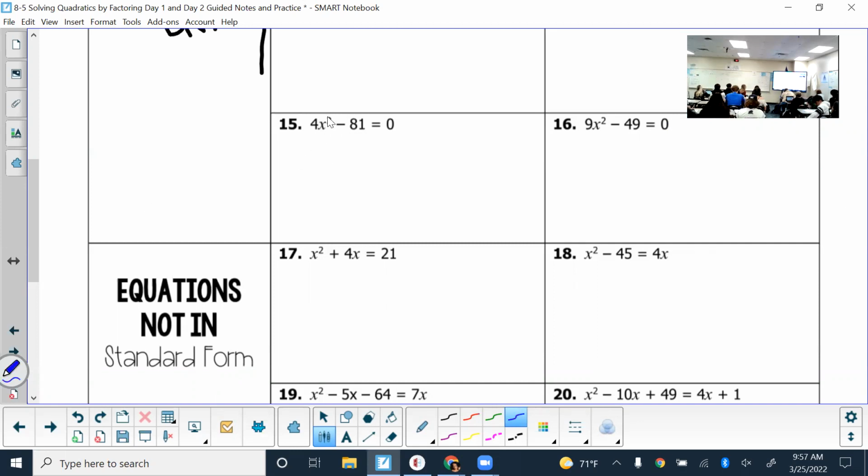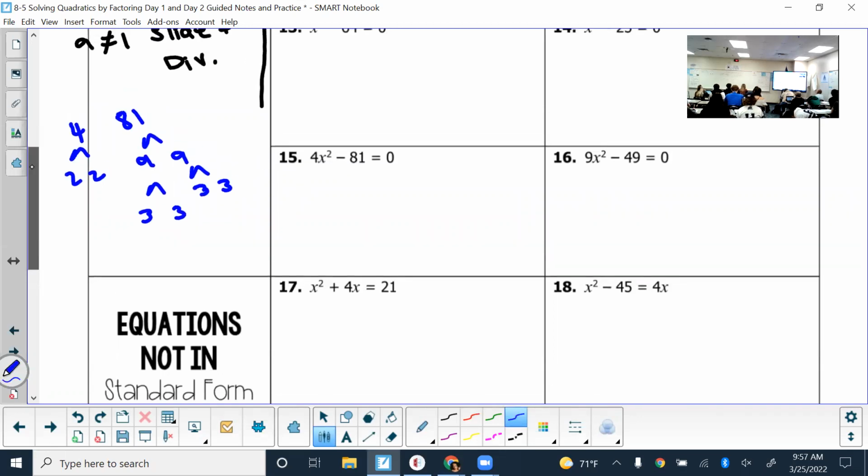Is there a GCF between 4 and 81? No, there's not. If you're not sure, make a factor tree. They have no common factors other than 1, and you never factor out a 1. Do they both have x's? So no GCF.